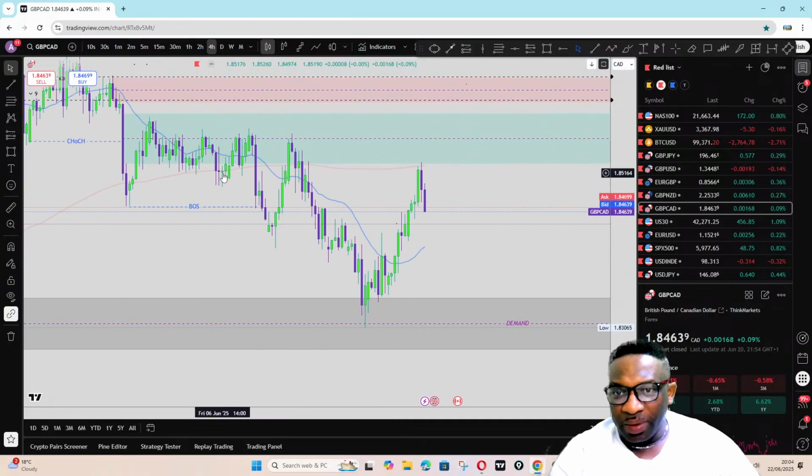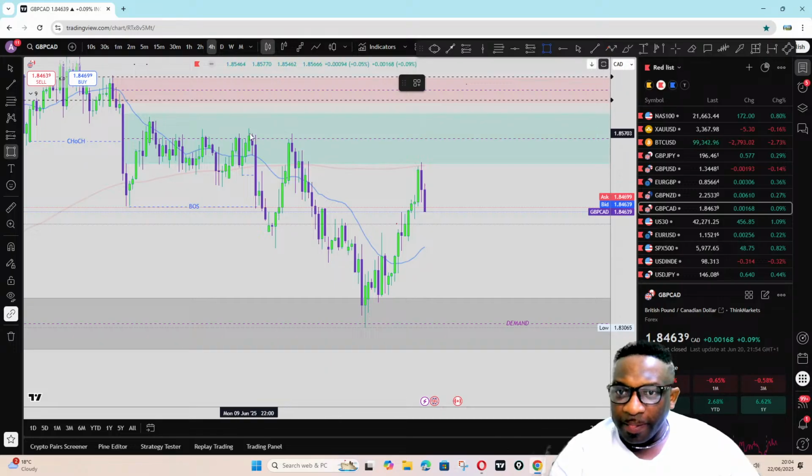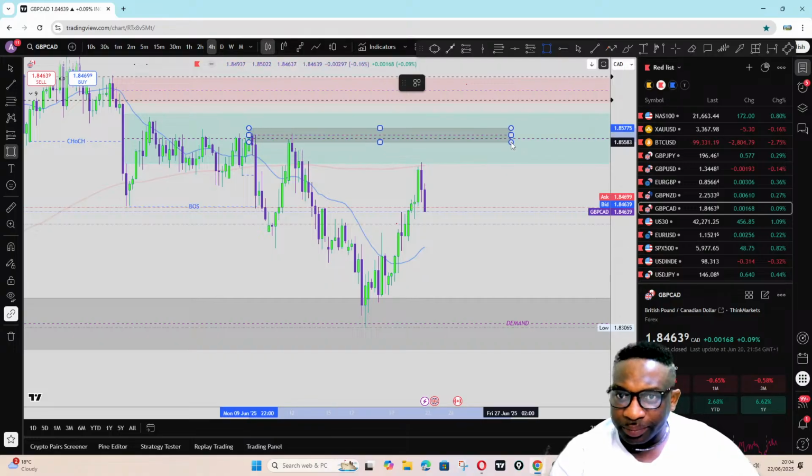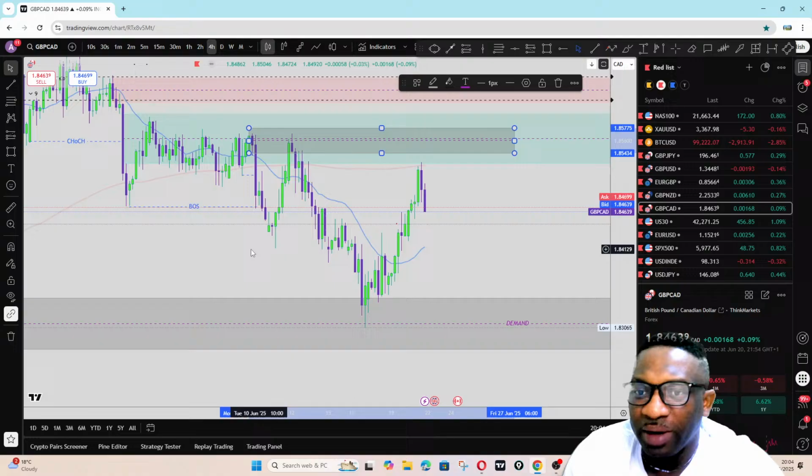So we have another break of structure here. The origin is within our fair value gap area, which gives it more confluence, making it even more powerful.